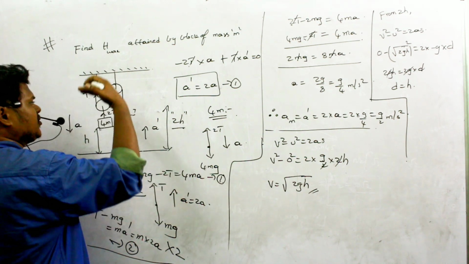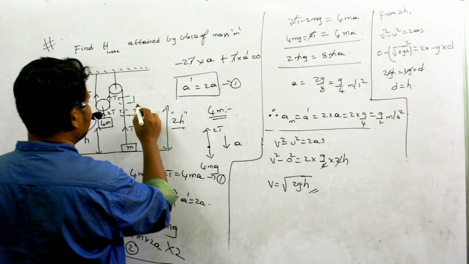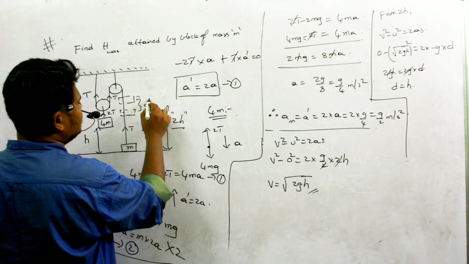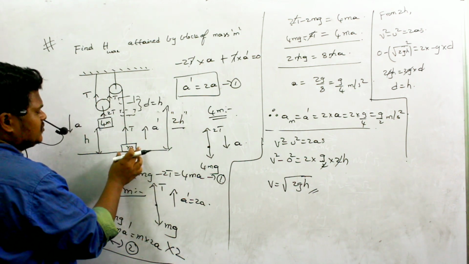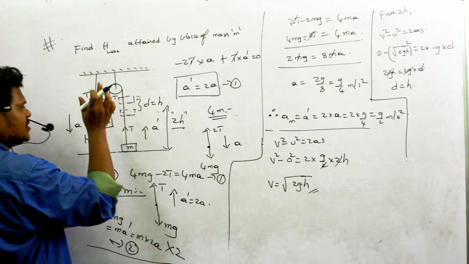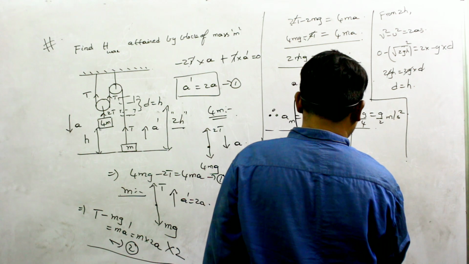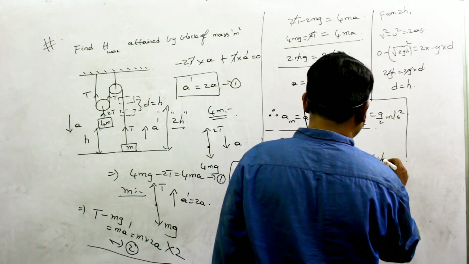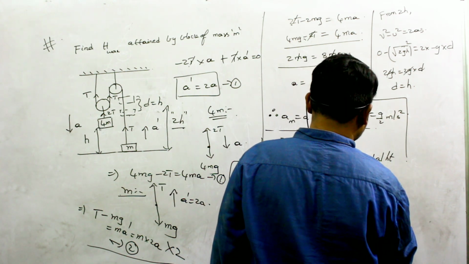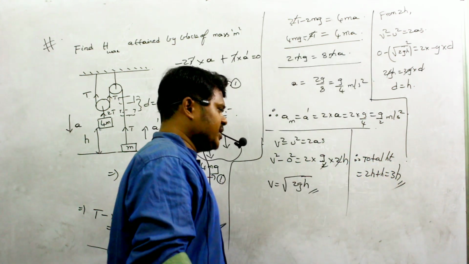Therefore, it will move again further by how much distance? That distance we have calculated to be d is equals to h. So therefore, total height travelled by this mass is 2h plus h is equals to 3h. So this should be our answer.